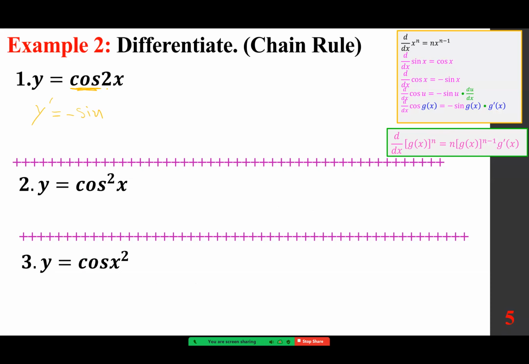But this is the argument of cosine, and every sinusoidal function must have an argument, otherwise it's meaningless. So we use the same argument. Now, what is the derivative of that by the chain rule? It is 2, and we rewrite the answer, and we are done.